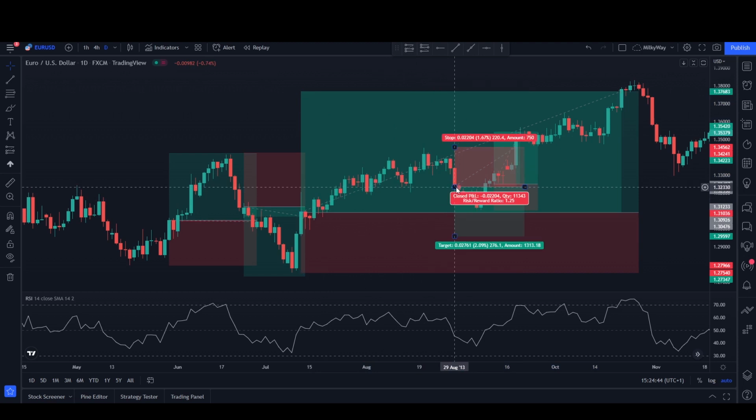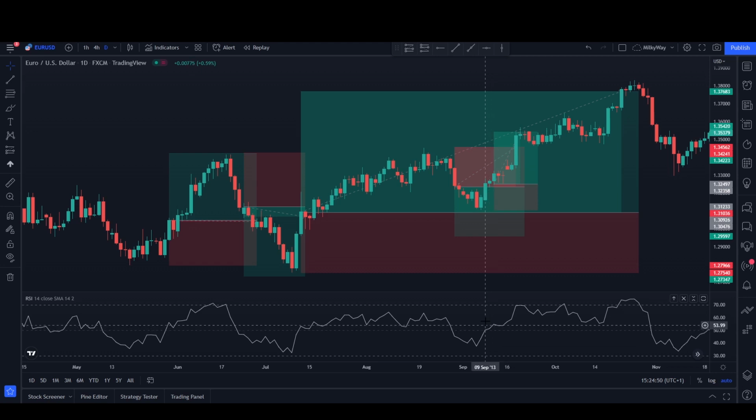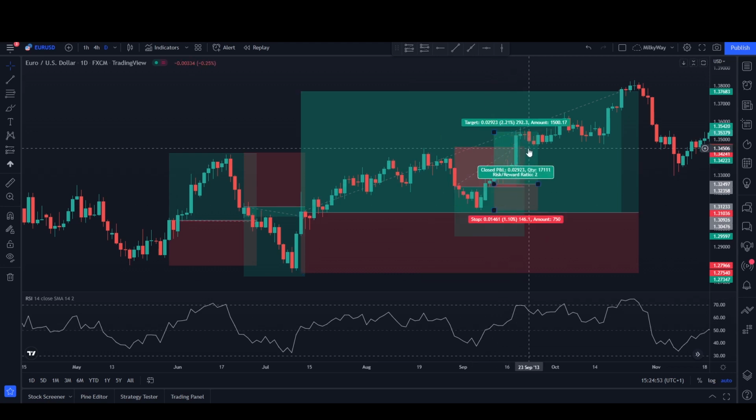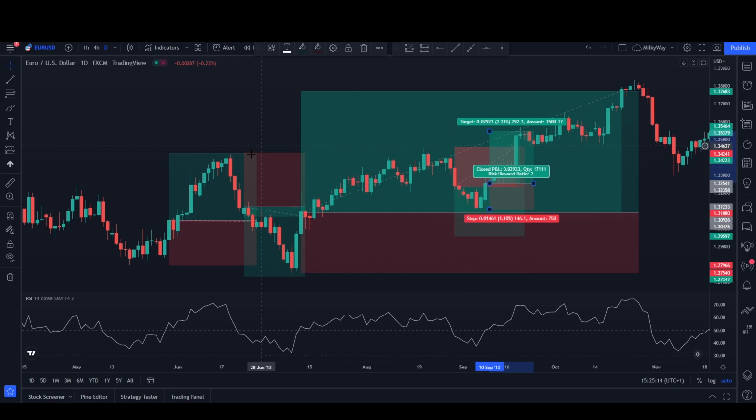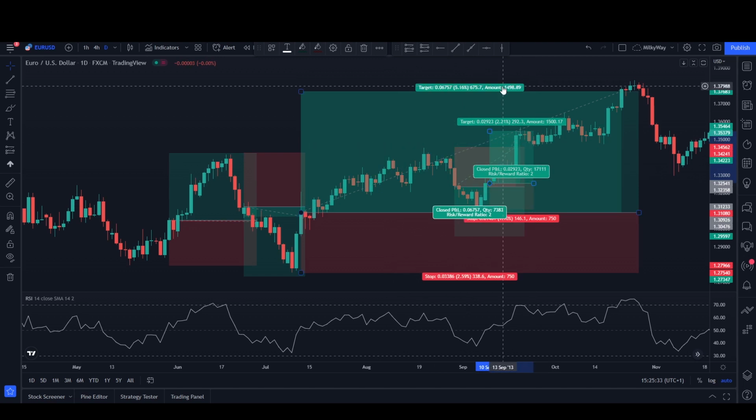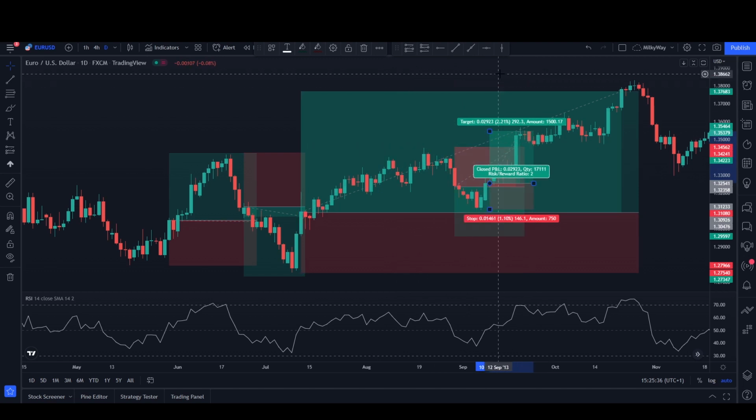Similarly, here we go short, that's a loss, and we go long again when the RSI becomes positive right here, and that's a 1 to 2 risk to reward trade, which is successful. So essentially over those trades you would have made 0, 0, 2, -1 and 2. You would have profited 3 times the amount that you risk. So if you were risking 5% per trade, you would have made 15%. So let's go ahead and do the backtest right now and see how this strategy would have performed over time.